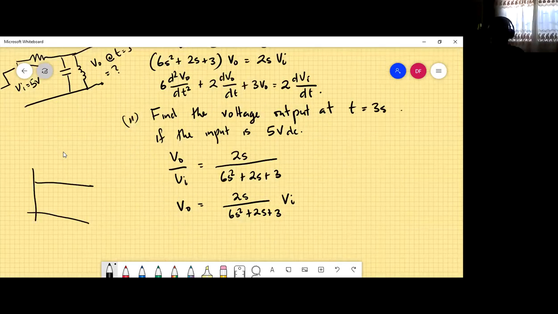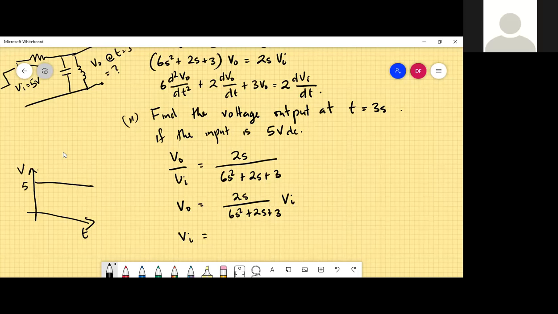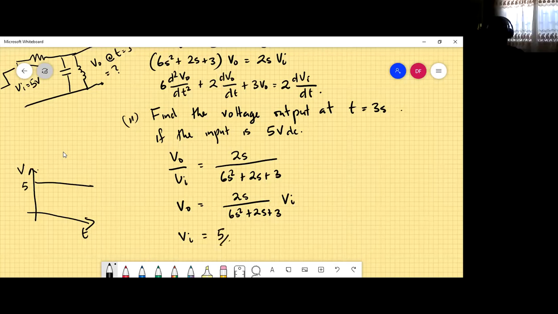So what would we write 5 as in the S domain? Sir, it would be 5 over S. 5 over S. All right, because when we have a regular voltage, that's 5 over S.